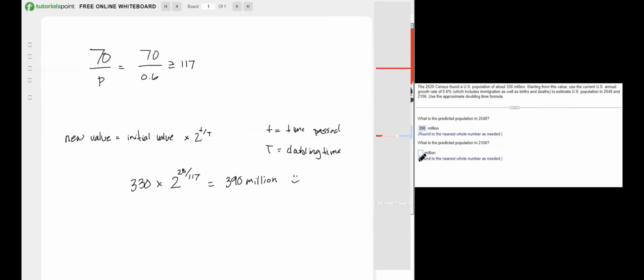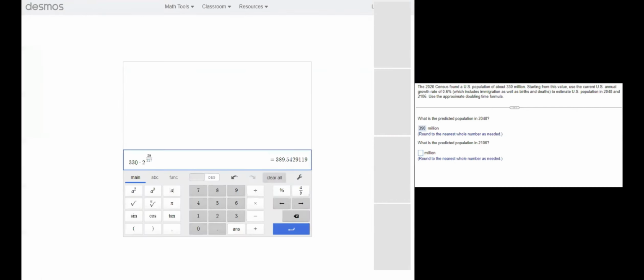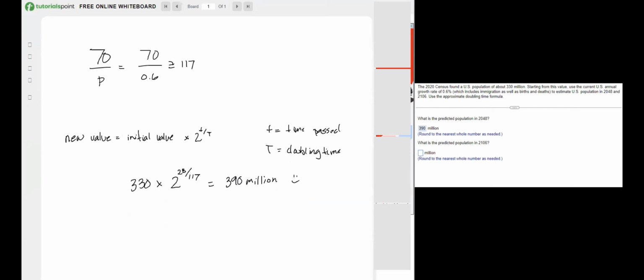For 2106, we're going to do pretty much the same process. We need to find how much time elapsed between 2020 and 2106, so we'll do a subtraction. So 86 years. So our little t will be 86 for this second calculation, but everything else will remain the same.